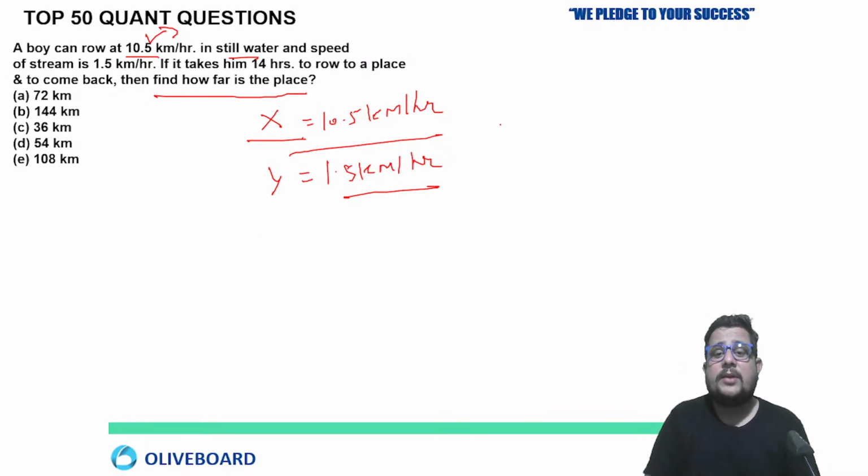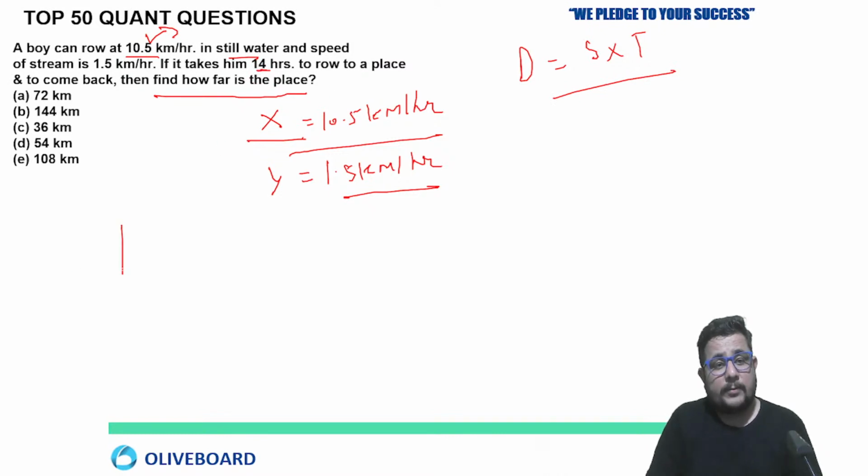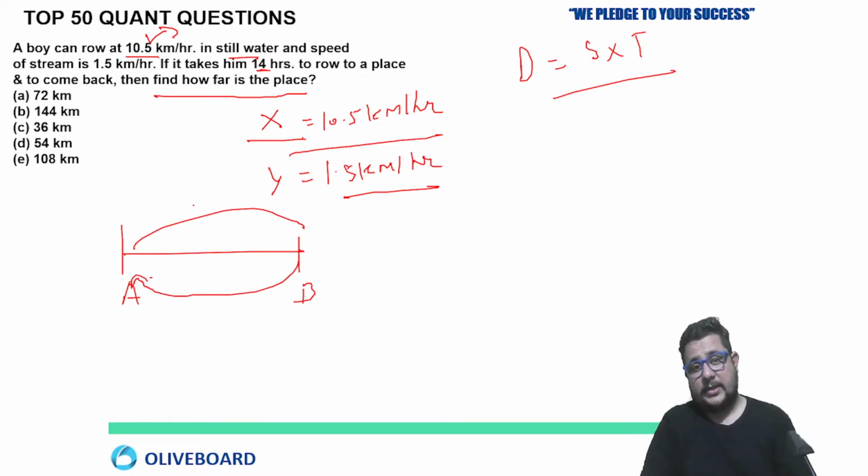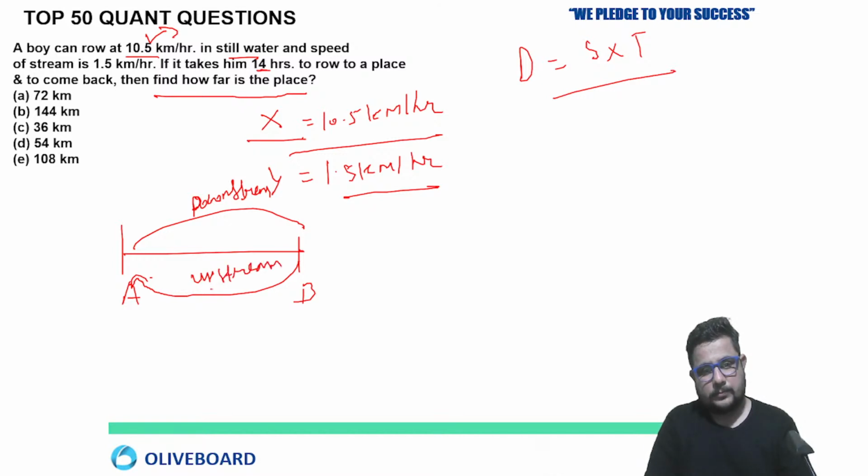You have to find out the distance. Distance is equal to speed into time. You know the total time is given. But when you are moving from point A to B and coming back from here to here also, the speed is not constant actually. It is downstream here and here it is upstream. Clear?